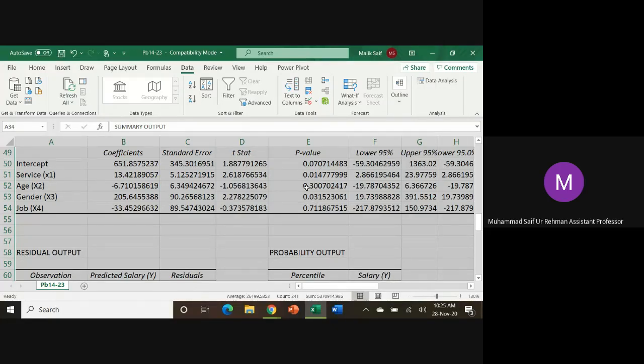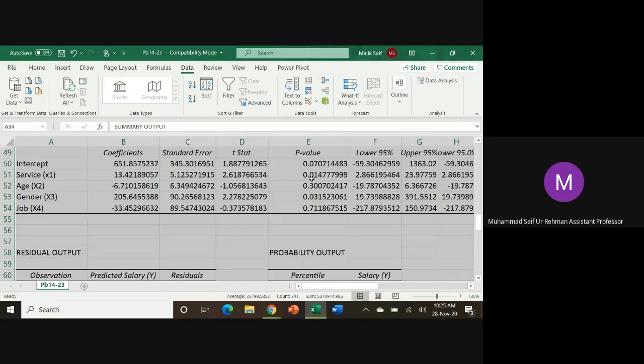You have to consider this p value. If it is less than 5%, then you will reject H naught. Otherwise, you would have to accept it. So let us see what happens over here. Service x1, 0.01, it is less than 5%. Same result as you saw over here in case of t stat.